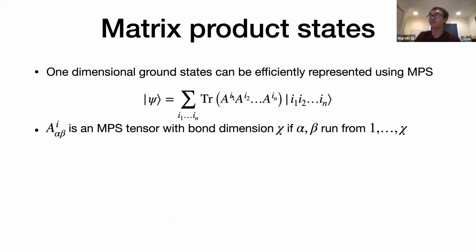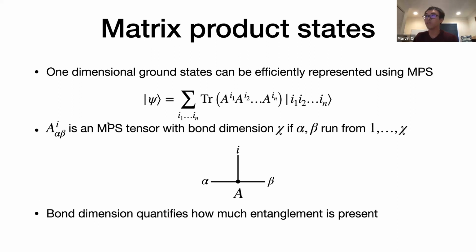The i is the physical index, and there are alpha and beta, which are the bond indices. So the MPS tensor can be represented schematically, something like this. And the bond dimension roughly quantifies how much entanglement is present between the different sites. In particular, if the bond dimension is 1, then the sites are not entangled with each other.